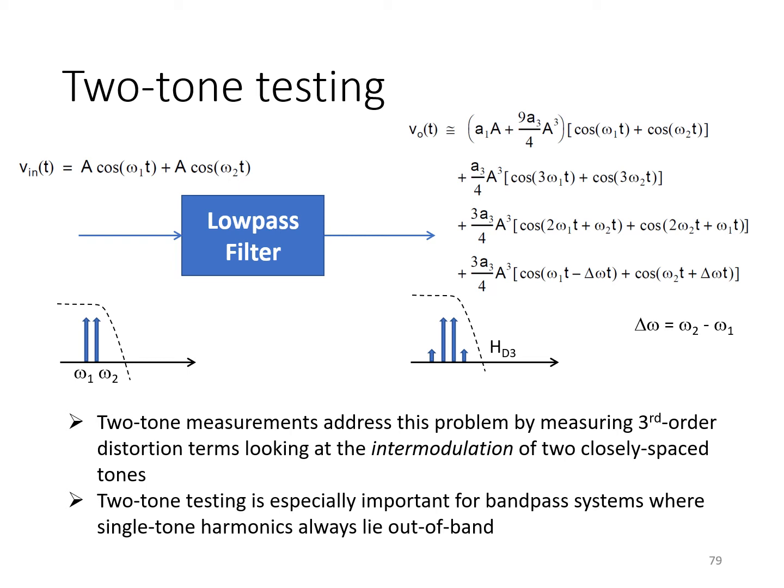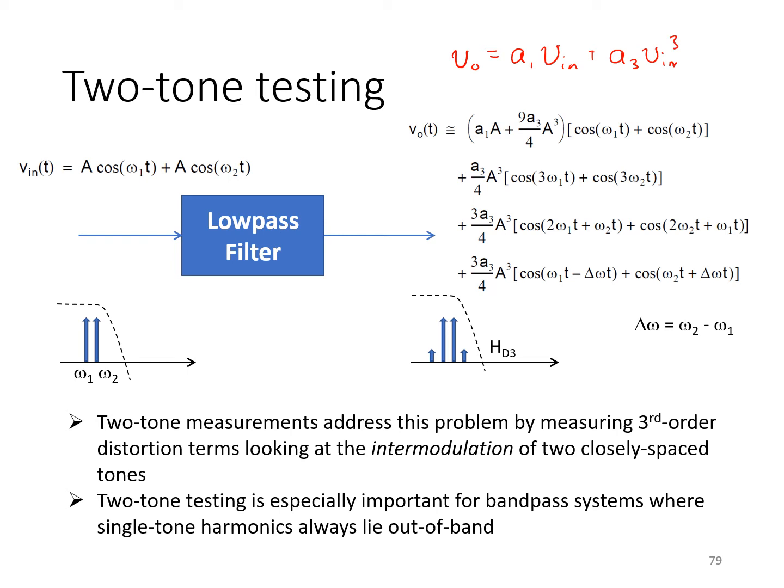Specifically, let's recall our memoryless model for nonlinearity. We've got a linear term, and let's assume a fully differential circuit so that we need only consider the third order term.